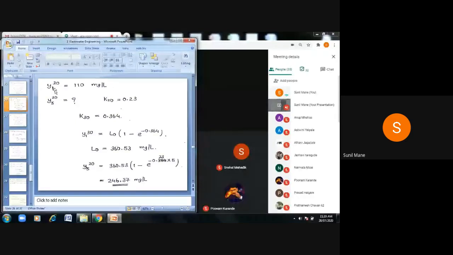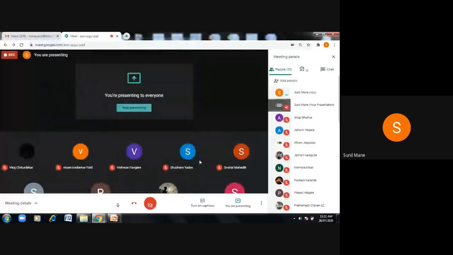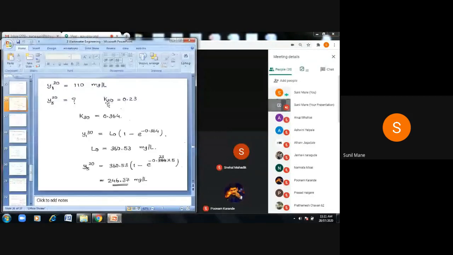The second information given is the coefficient, which is 0.23. More importantly, that coefficient is the 20 degree coefficient, so it has been written as K20. These are the two things which are given right now.